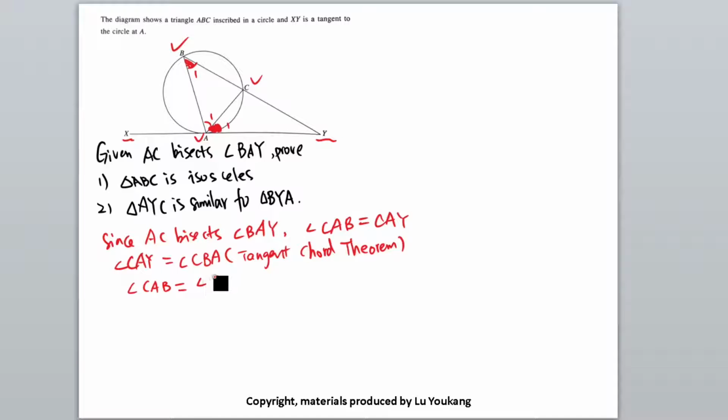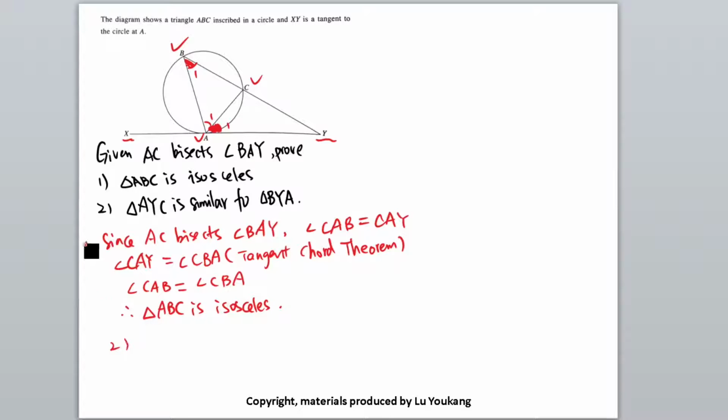And because of this, they are the base angles of my triangle ABC. So therefore, I can prove triangle ABC is an isosceles triangle. Okay, so this is the concept you should be using here to prove triangle ABC is isosceles.